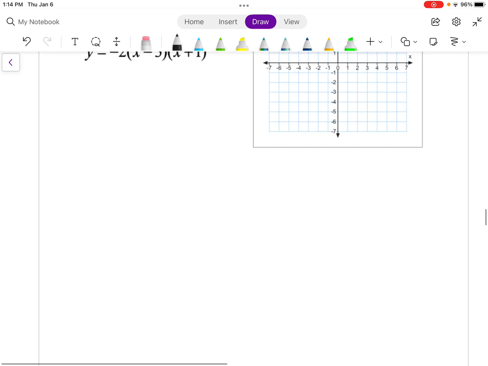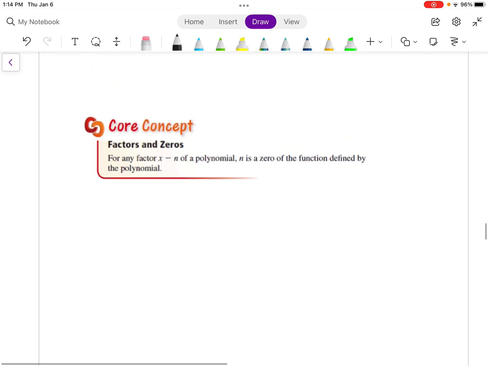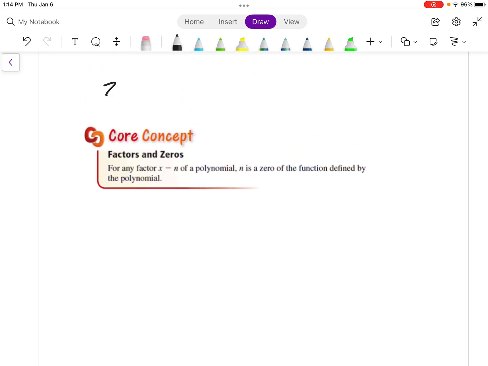Okay, the other thing I wanted to show you was zeros. If I ask you to find the zeros of a function, I want you to write down this definition. The zeros of a function are simply what you would plug into the function to make it equal to 0.